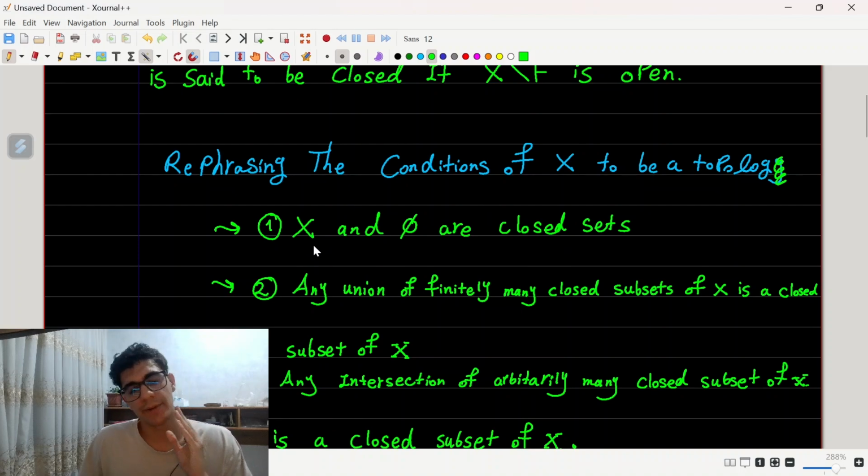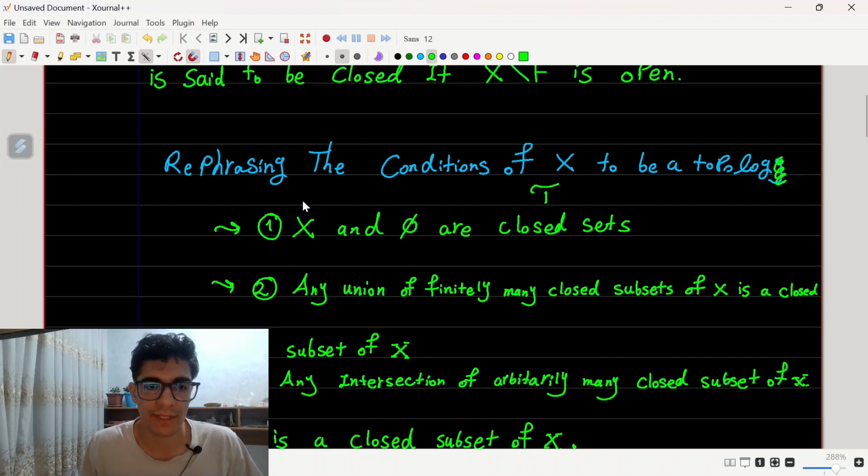The first condition, if you can remember, was that X and the empty set are open sets, or the sets that are in our curly T. So now we have that X and the empty set are closed sets.